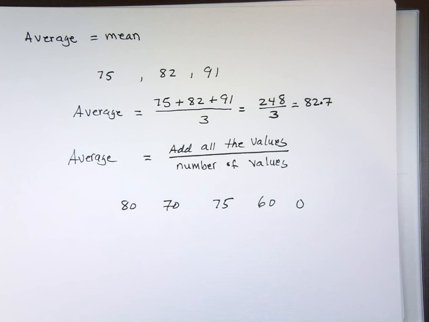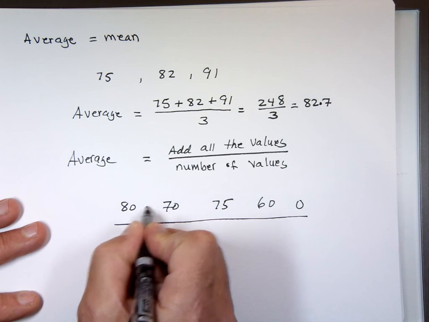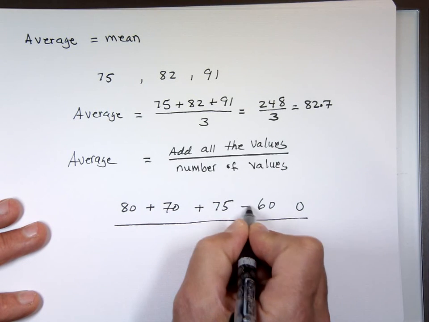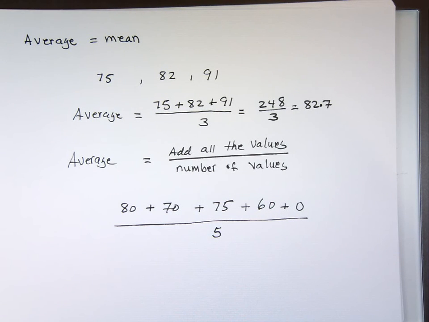What is your average? Don't you add them and divide by what? 4 or 5? 5. So if you don't take the last one, that's your problem.